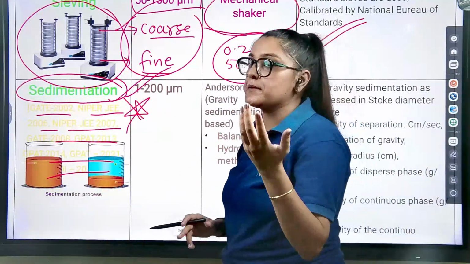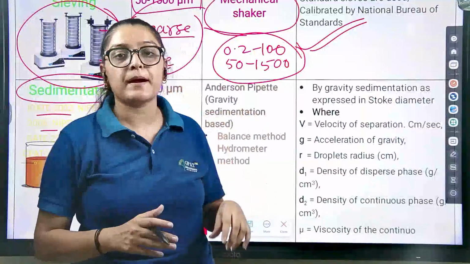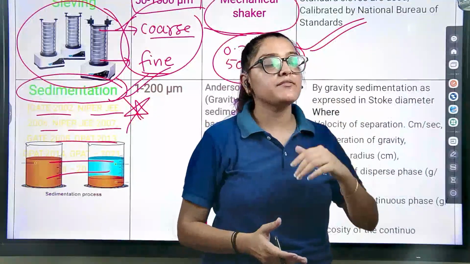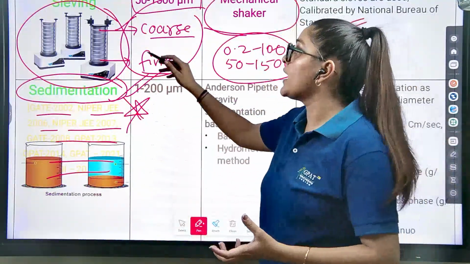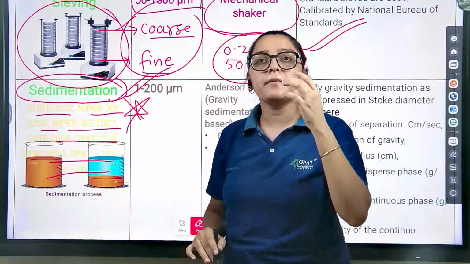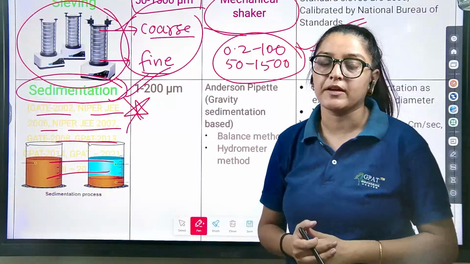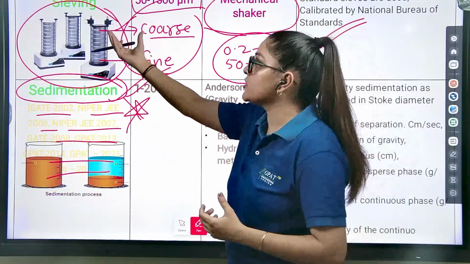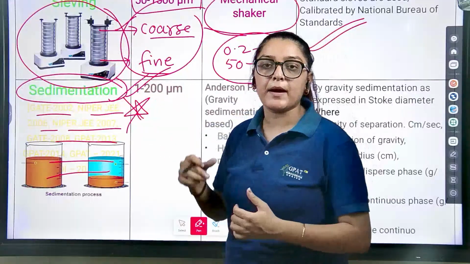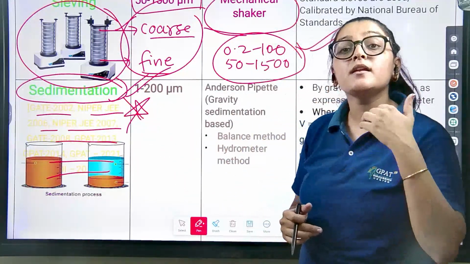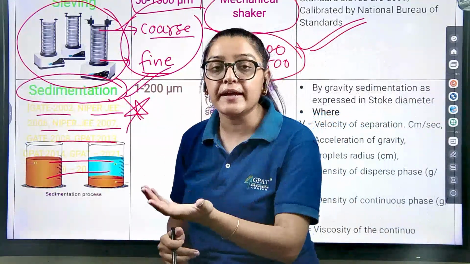So optical microscopy is done, you have counted the particles, you have faced the issue. Sieving is there. For sieving, you can ask me, ma'am, how is the particle size estimated when we are talking about sieving? See, you get the coarse particles, you get the fine particles. So we get the particle weight.